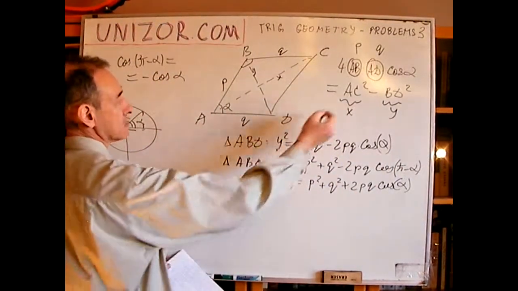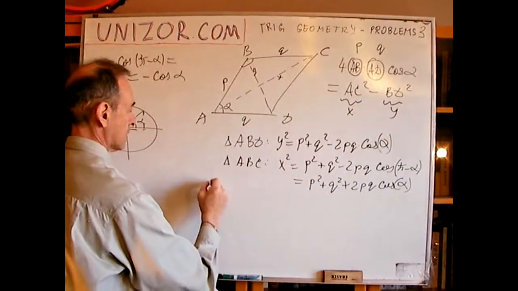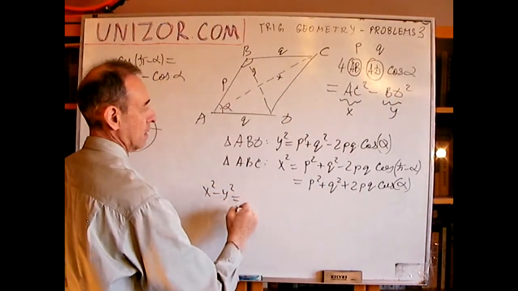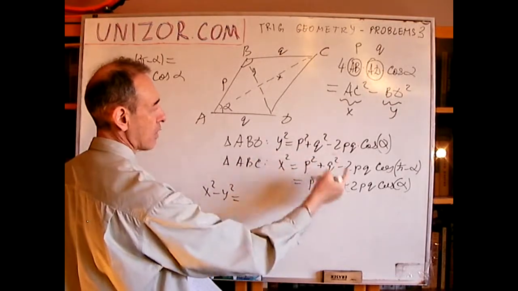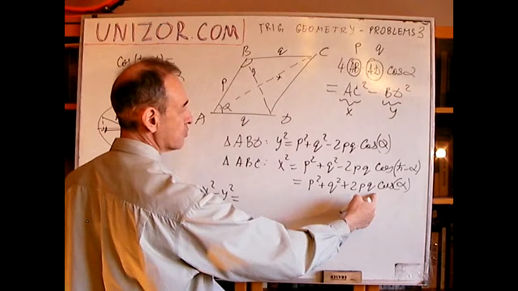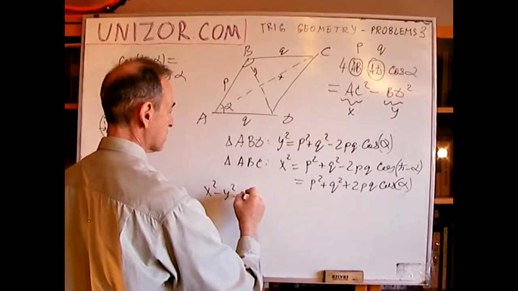Now, what is AC squared minus BD squared, x squared minus y squared? If I subtract, p squared will be reduced, q squared will be reduced. This is plus 2pq cosine, and this is minus, but I'm subtracting, so it will be plus.